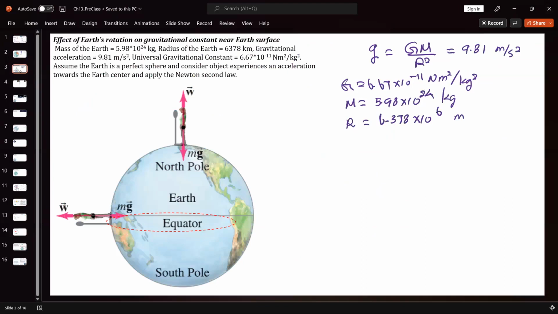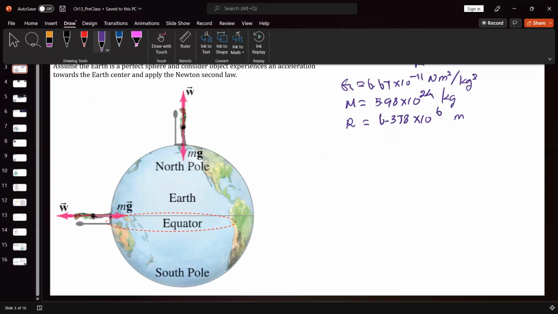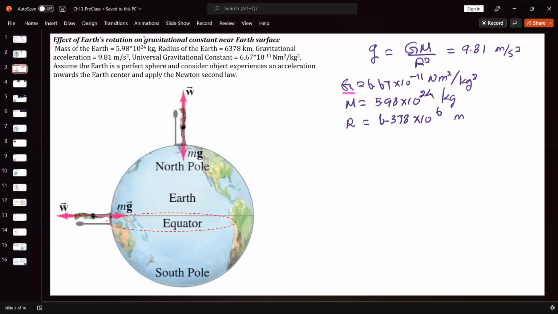However, this number can change, because obviously G and M cannot change. Those two remain constant, but the R right here is the separation between the two masses.